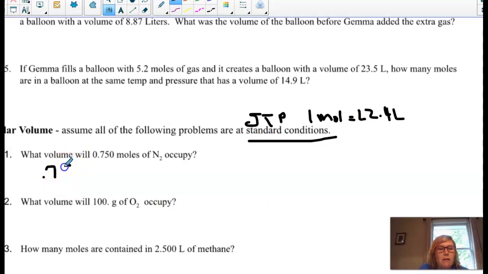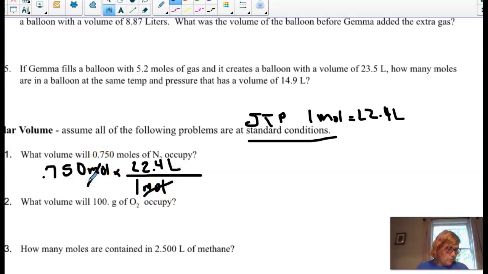So 0.750 mole, one mole is on the bottom because you want moles to cancel out, and you're going to put 22.4 liters on top. Moles cancels out. So 0.750 times 22.4, and you are going to have 16.8 liters.